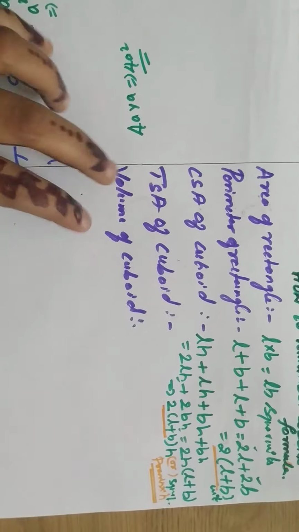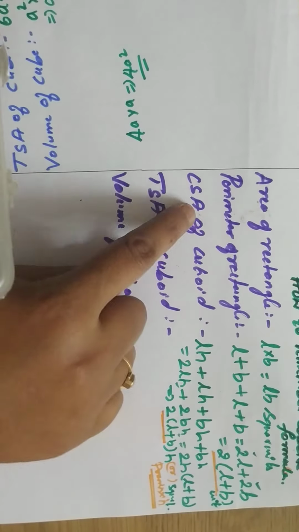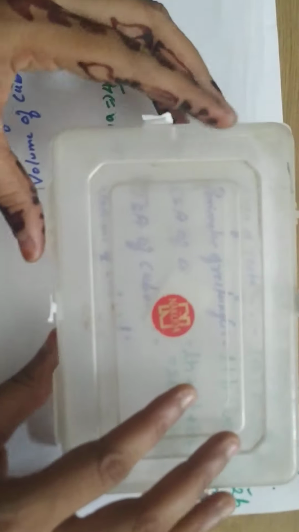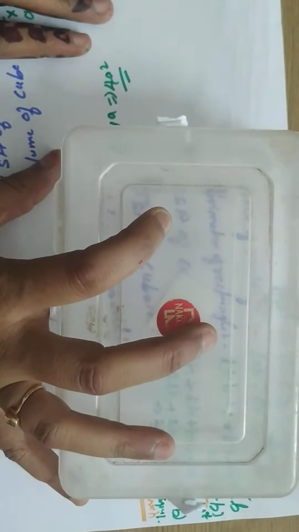Now let us try understanding TSA. CSA is covering only the outer portion. That means you are only painting the outer surface. TSA indicates that you are painting the entire region of this cuboid. That means it includes top, sidewise and bottom. So already we have finished the sidewise.